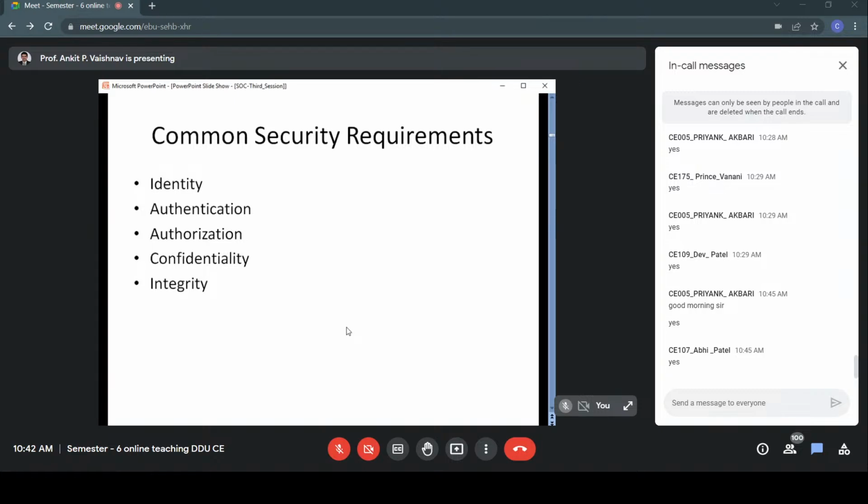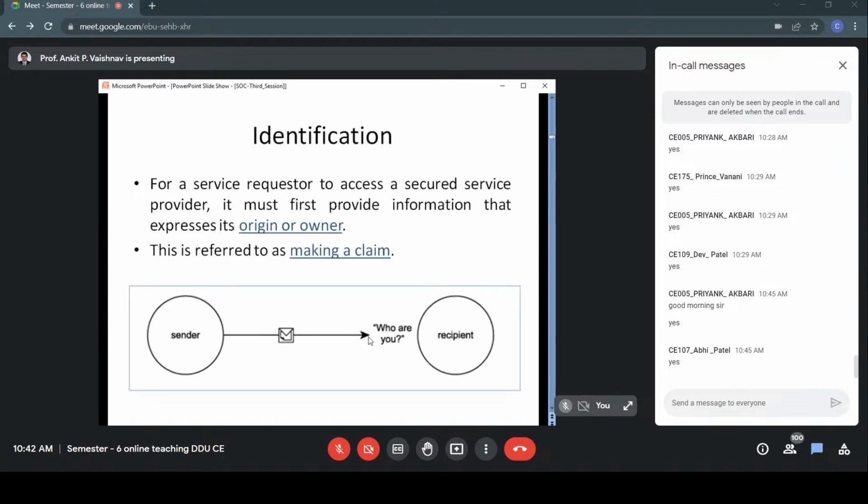Authorization ensures what the requester is allowed to access, right? So you can check against your database and determine what this kind of requester should be able to access. Confidentiality and integrity is regarding the encryption. That we'll study in brief, right? So let us start with the first one.